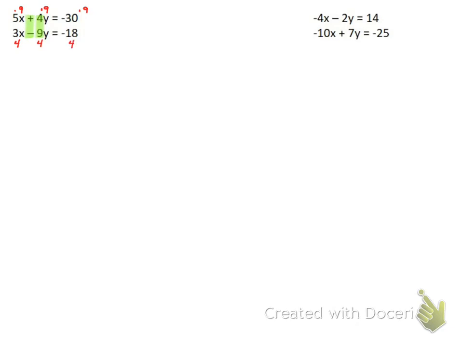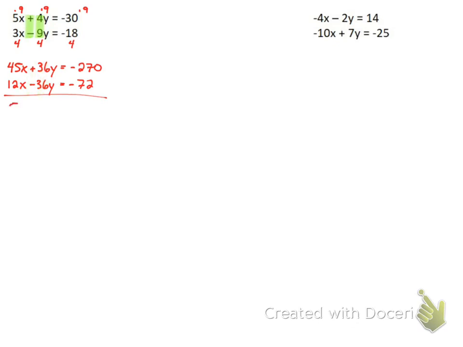So when I multiply the top by 9, I get 45x plus 36y is equal to negative 270. And then on the bottom one, I should get 12x minus 36y is equal to negative 18 times 4, which gives me 72. Again, I've got the same number, different sign, so I'm good to go.